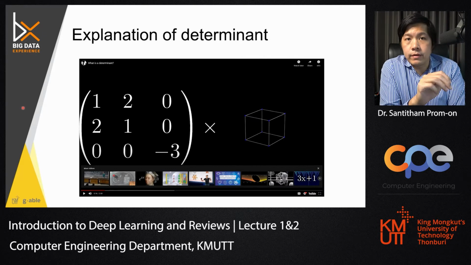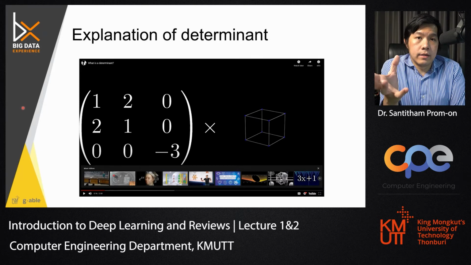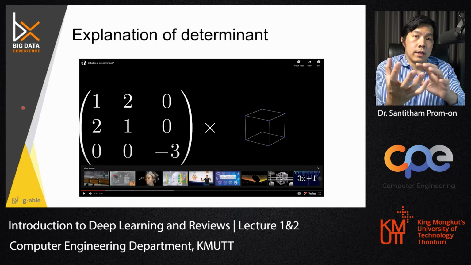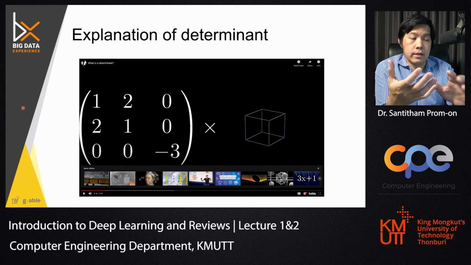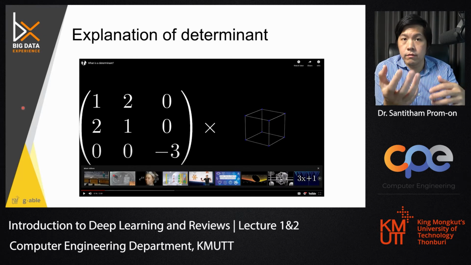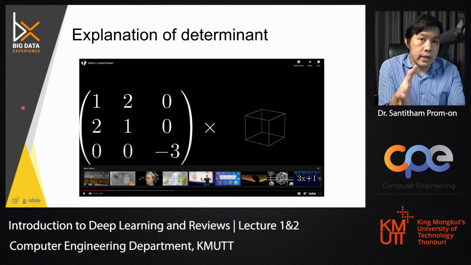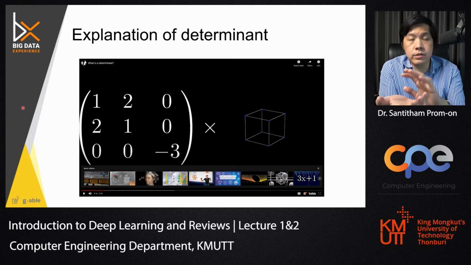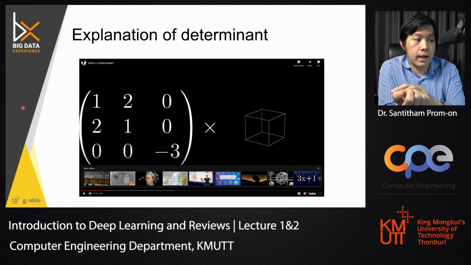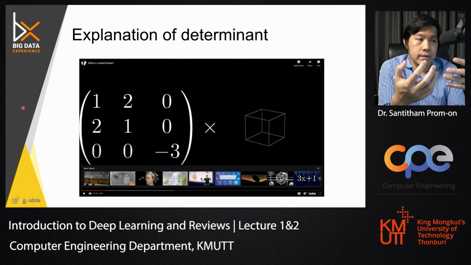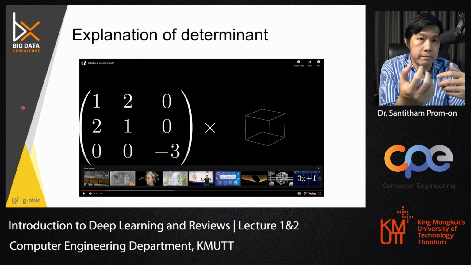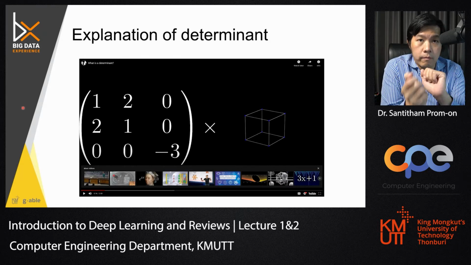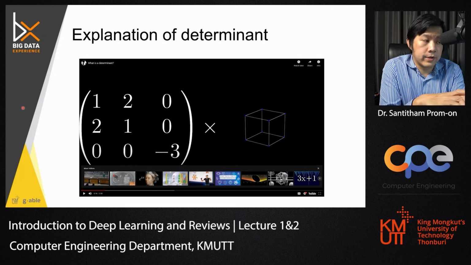When you learn about computer graphics, you will see that you can process the coordinates of a three-dimensional world into different perspectives, right? Those projections can be done by multiplying the transformation matrix to the points, and then those coordinates will be transformed according to the transformation matrix.